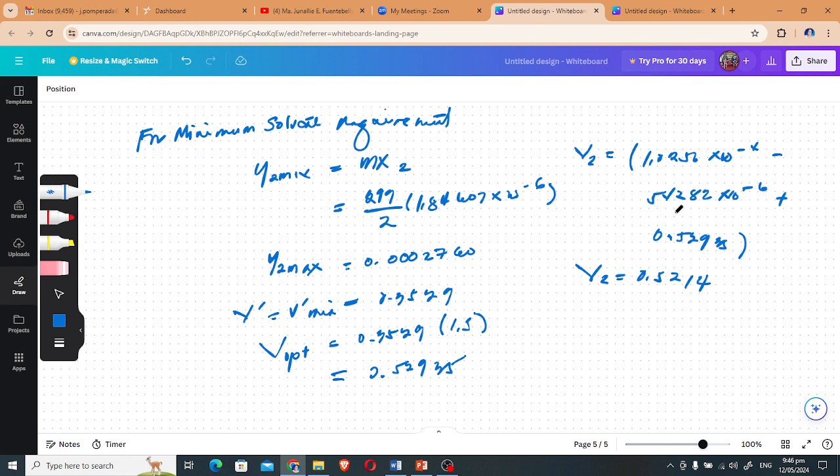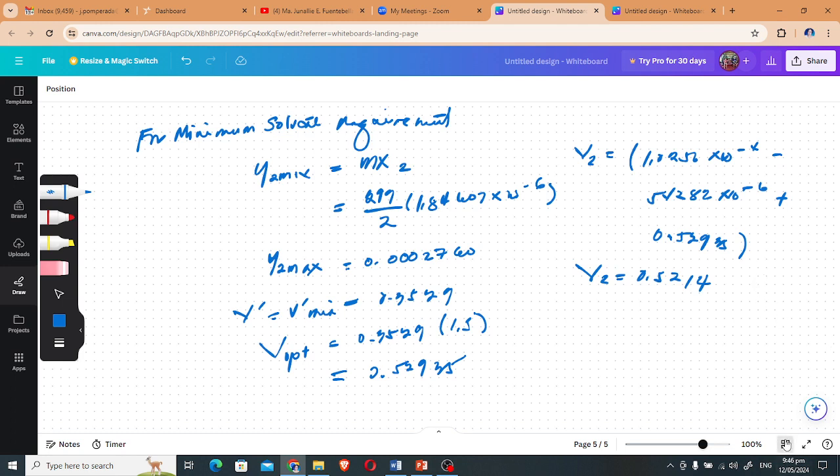You have 1.0256 times 10 raised to negative 4 plus 5.1282 times 10 raised to negative 6, plus the 0.52935, giving you a V2 which is 0.5294. The reason why you need V2 is because you need to get the gas absorption factor for the bottom and the top of your column. So this is your V2 now. You'll need this in the absorption factor A1, and that is at the top of your column.